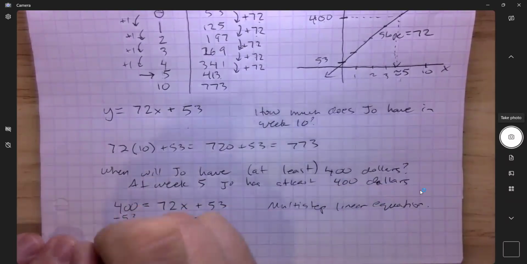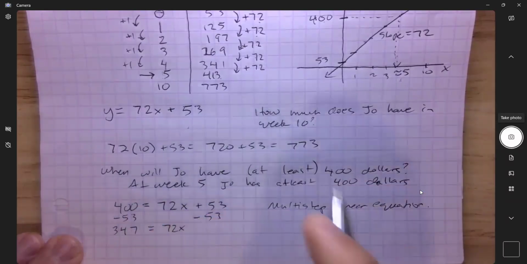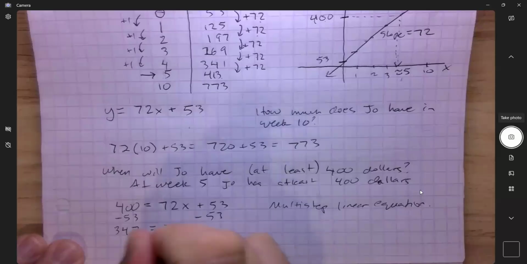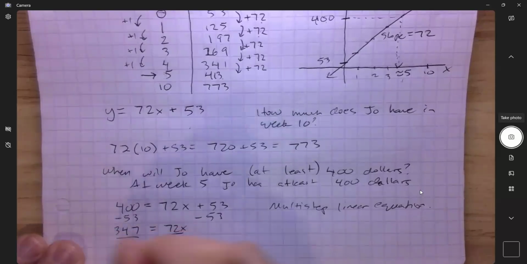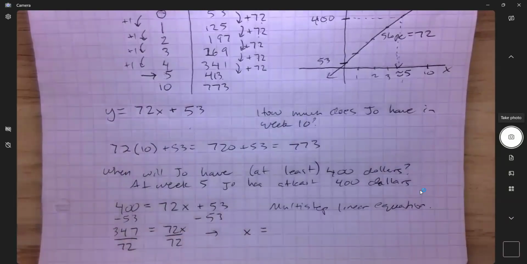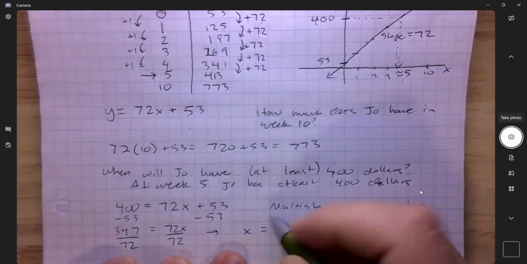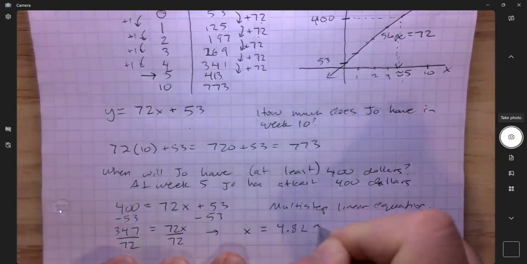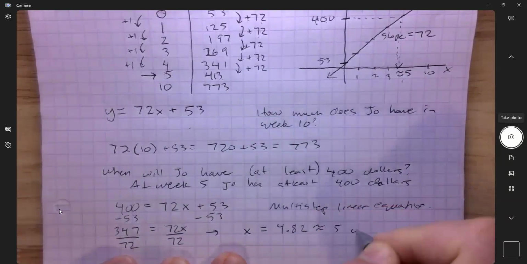Subtract 53 from both sides. I have 347 equals 72x. Divide both sides by 72. Maybe we grab our calculator and we find x equals, I'm going to do the math real quick on another screen, 4.82, which is approximately 5 weeks.